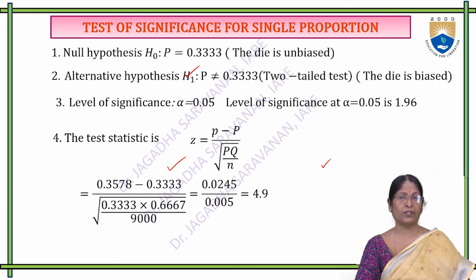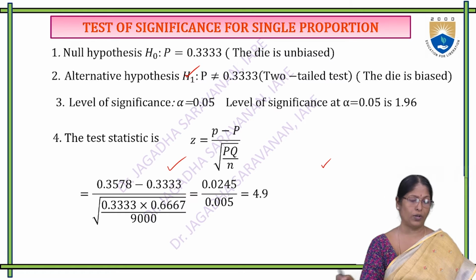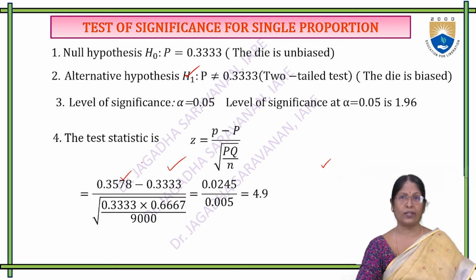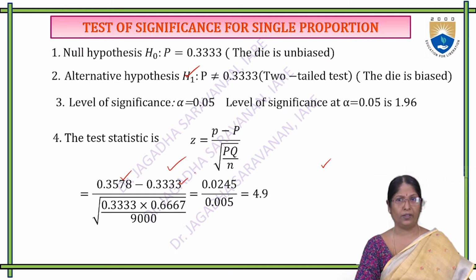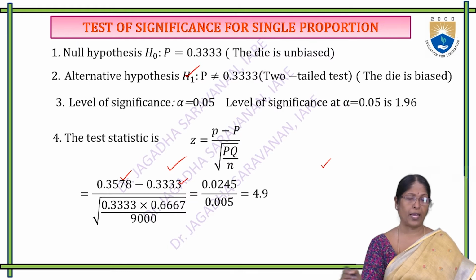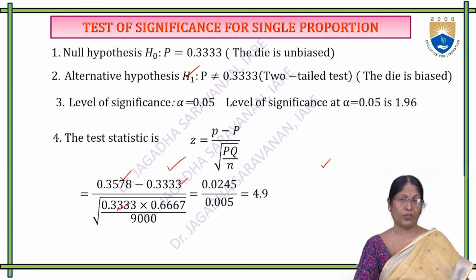In the respective places, we replace the values: small p equals 0.3578 and capital P equals 0.3333, divided by the denominator. Capital P takes the value 0.3333, whereas capital Q is 0.6667.